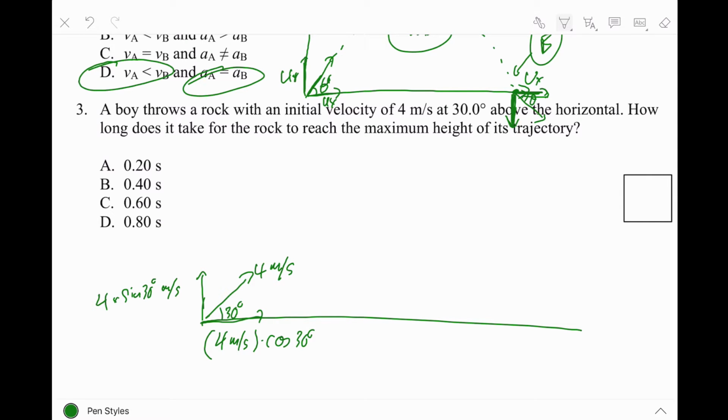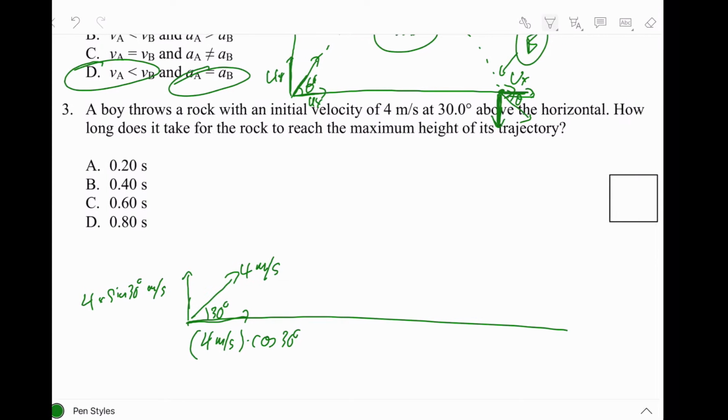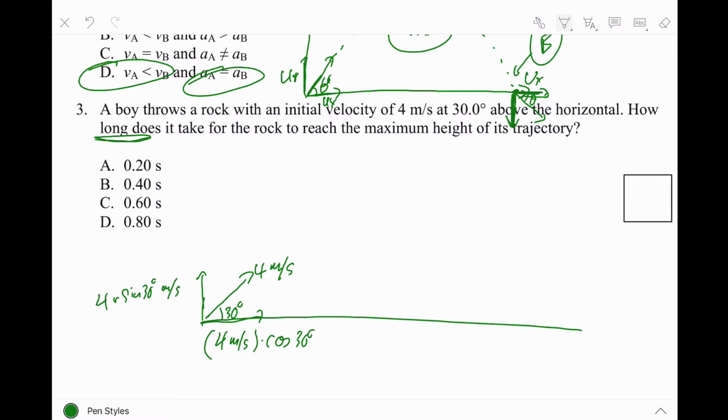All right. Now to look at the time, because how long is talking about the time, it is all about the vertical component. Remember, it's the vertical component that controls the time. It's not the horizontal. So all you need is to look at here, as if this one comes to here. So the time you throw the ball with this velocity to here is the same time as when you throw the ball with an angle.